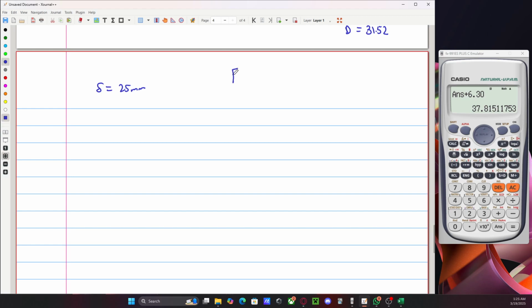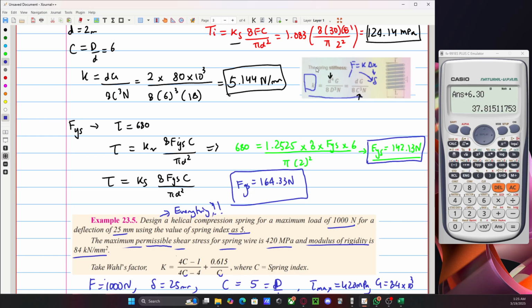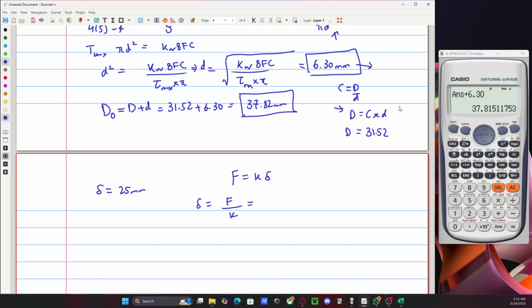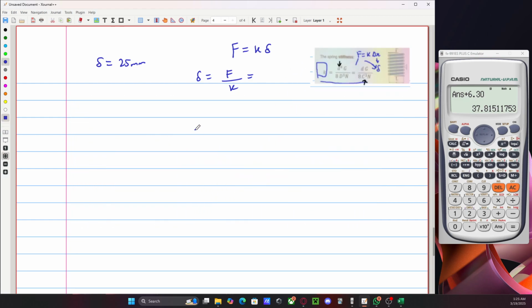We need to find del X, so this is F over K. And if you remember, K is this insane formula over here. So F over K is 8fc cubed n over dg. Okay? That's what it simplifies down to.